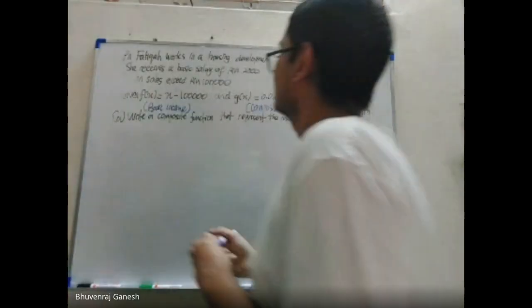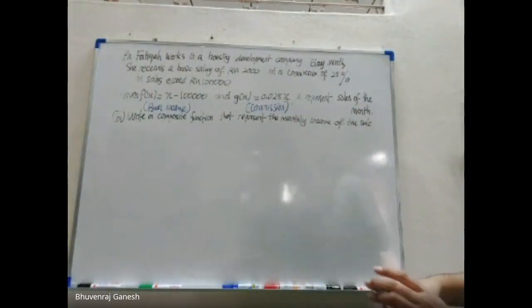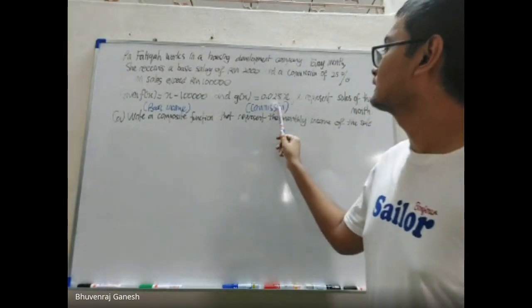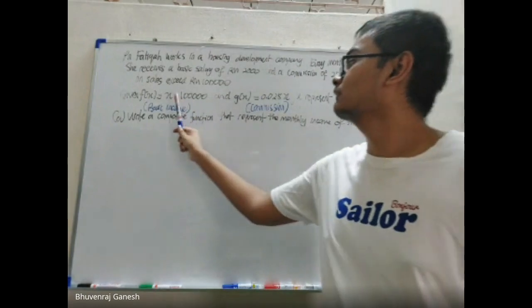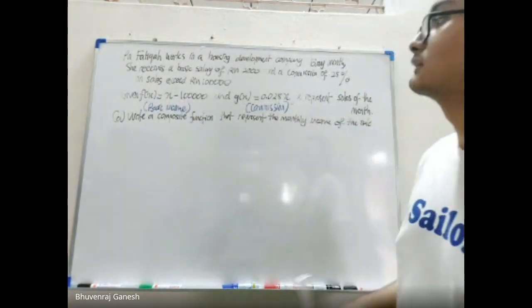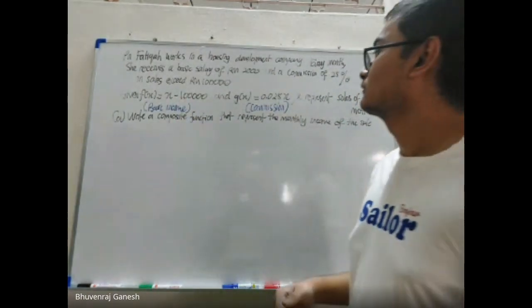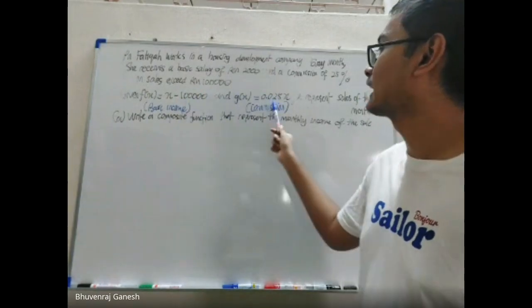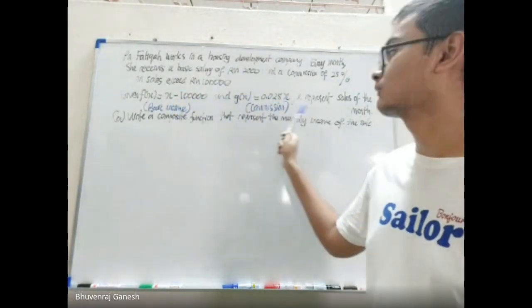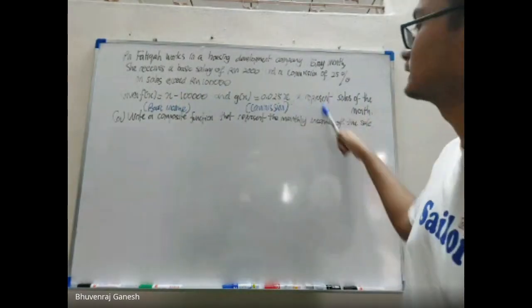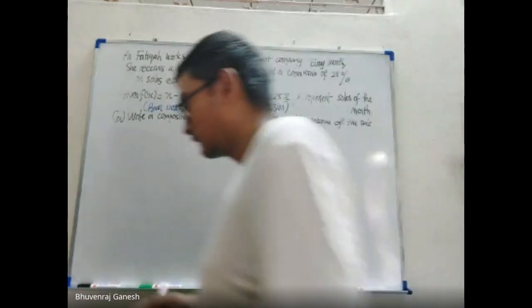So that's why when you solve, the commission that you get based on the sales of the month will be multiplied into this one over here, which is the fx. Without the fx, you won't get this function of the commission. So you need the basic income first, then only you get the commission for the sales of the month. So that's how we think.